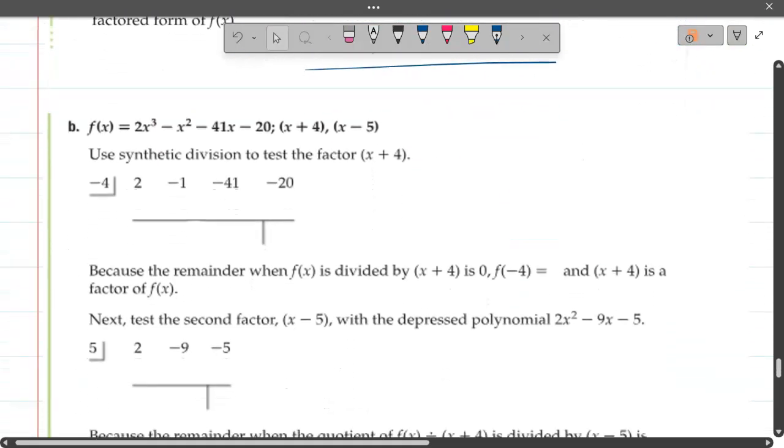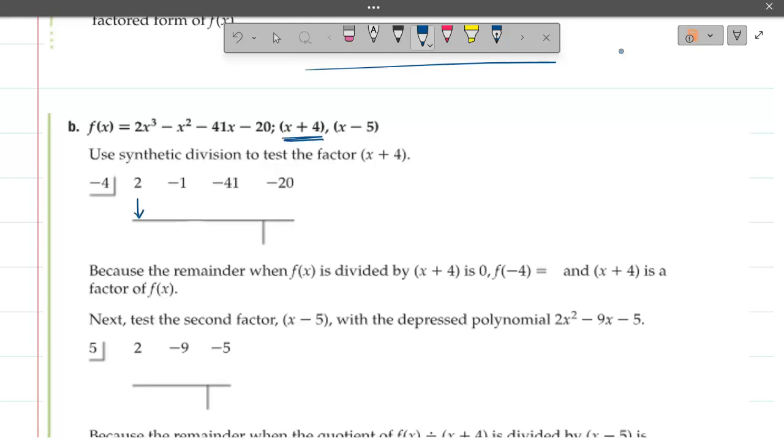Let's try another one. I'm going to test the first factor, x plus 4, by putting a negative 4 in the box. And yes, it is a factor because the remainder is 0. Because the remainder when we divided it by x plus 4 is 0, f of negative 4 equals 0, and x plus 4 is a factor of f of x.